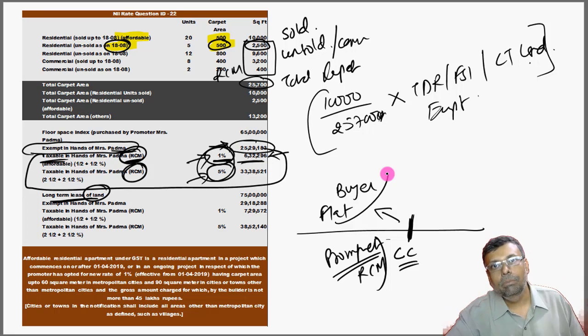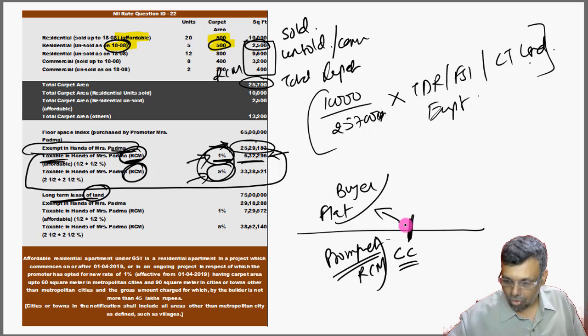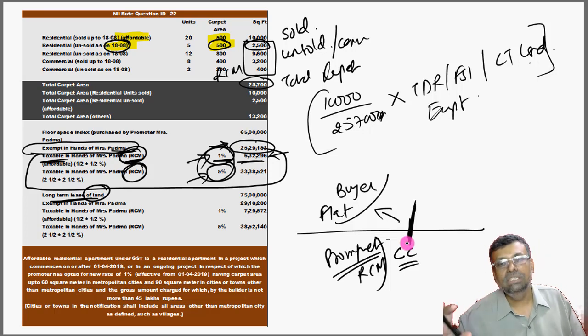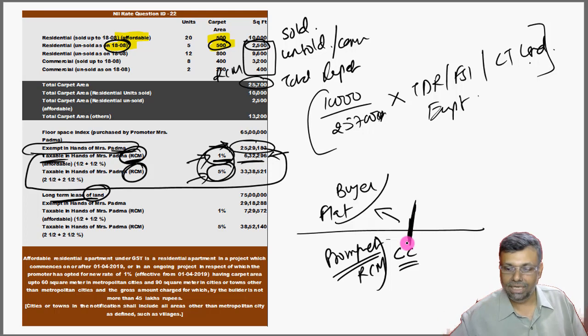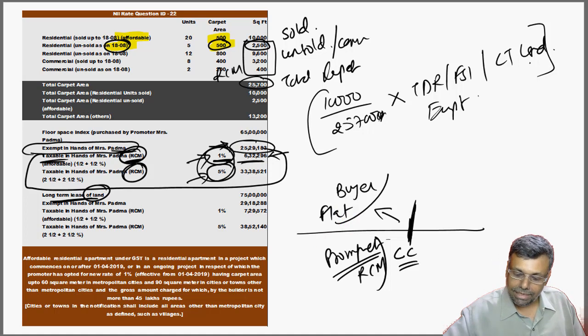So basically, if the developer wants to save GST, the developer will have to keep on selling the flats during the under-construction period itself. That's the logic of the law. So on the cutoff date, the total GST burden from that particular project will basically be shared by the flat buyer and the promoter, that is the developer or the builder of that particular property.